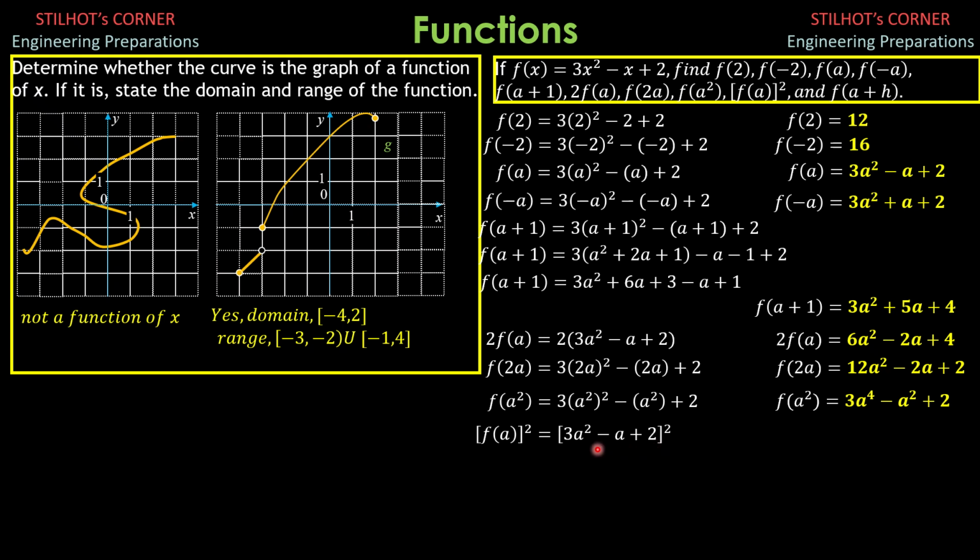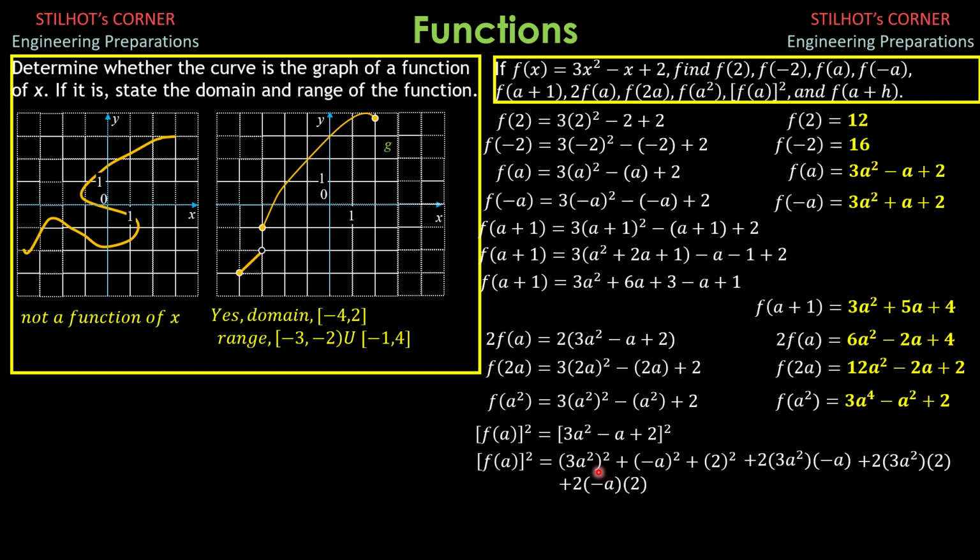So this is quantity 3a squared squared plus quantity negative a squared plus 2 squared, then plus 2 times quantity 3a squared times negative a, plus 2 times quantity 3a squared times 2, and plus 2 times quantity negative a times 2.